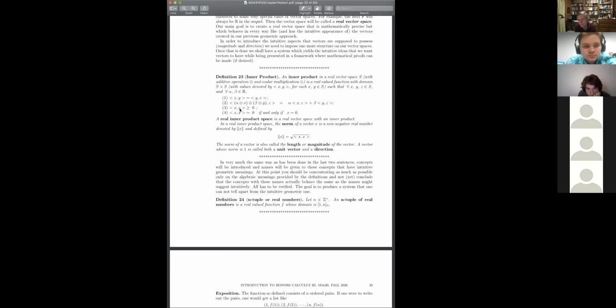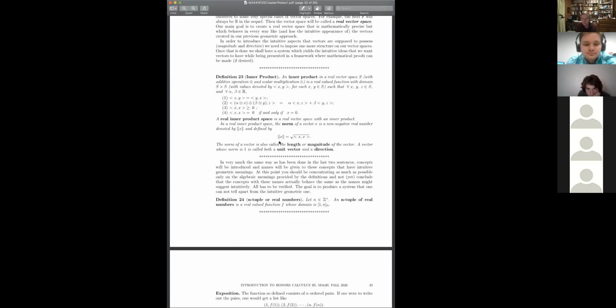And that is a greater than or equal to 0 number. So as soon as you define a dot product, you'll know that the dot product of a vector with itself is always greater than or equal to 0. And the inner product is only 0 if the vector is 0. These are the properties of any inner product and are the properties of the dot product.